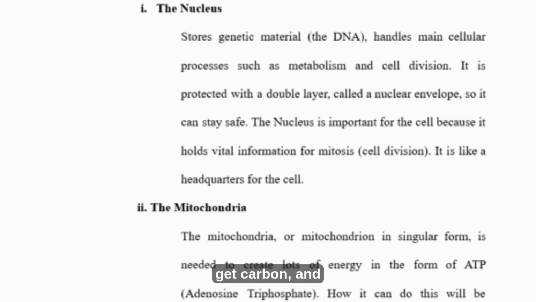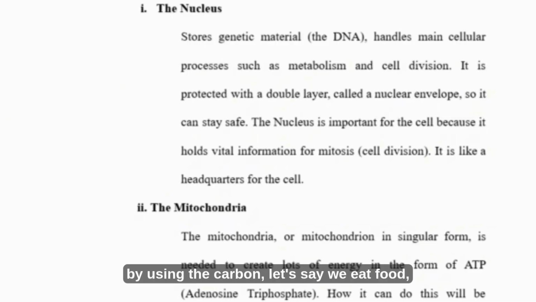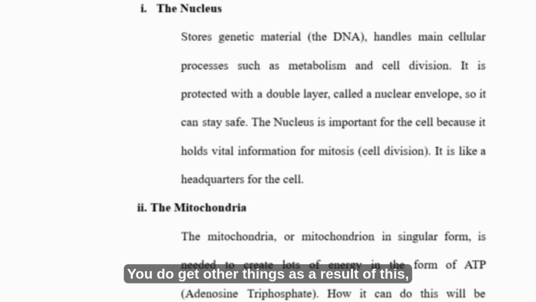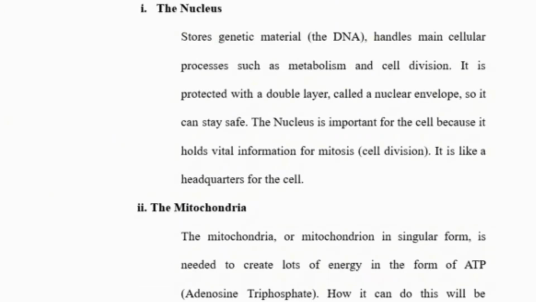Let's say we eat food, and we get carbon out of it, then the Krebs cycle breaks down that carbon to get CO2 and ATP. You do get other things as a result of this, but the most important thing is that you can get energy through the Krebs cycle. Wow, that's very interesting.